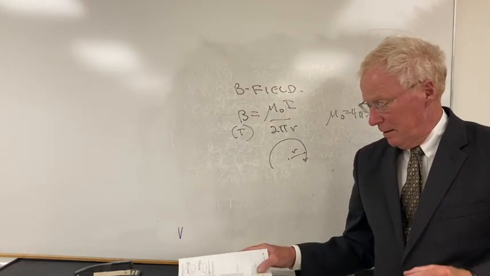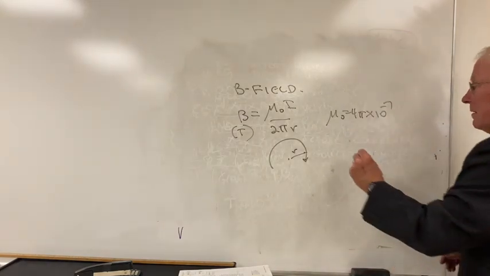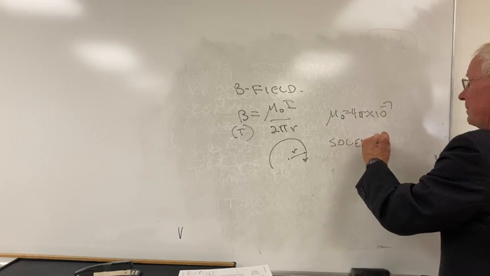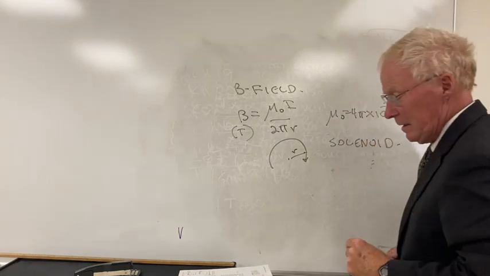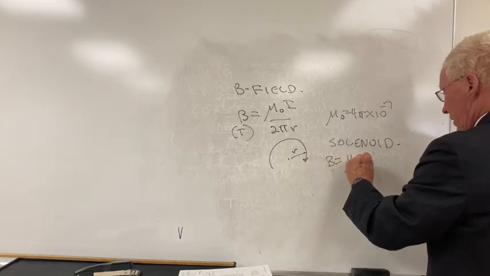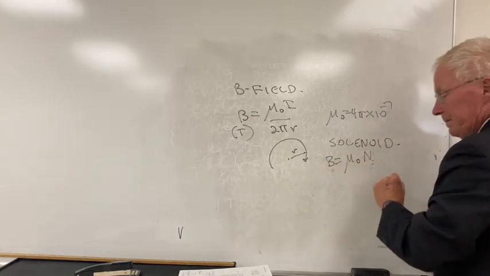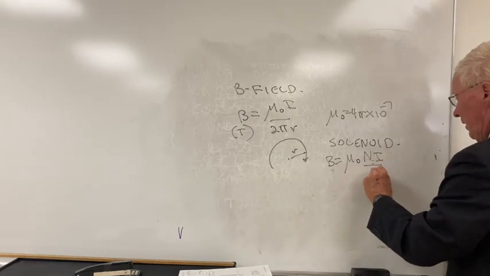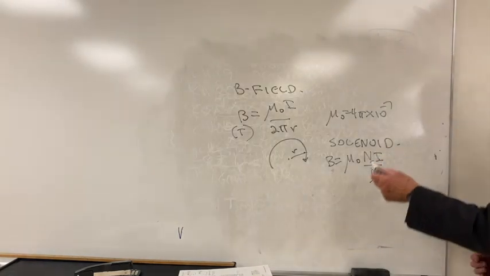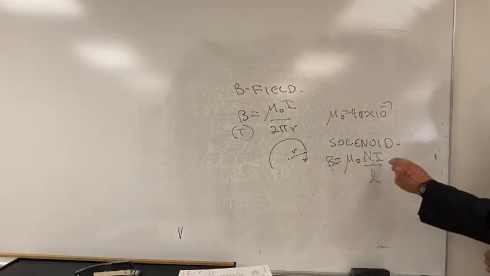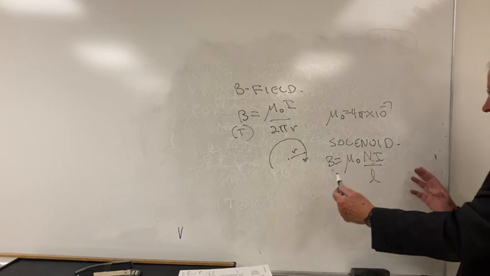And the solenoid, which we again have in the lab. B is mu naught N I over L, where N is the number of turns in the solenoid, I is the current, and L is the length of it.